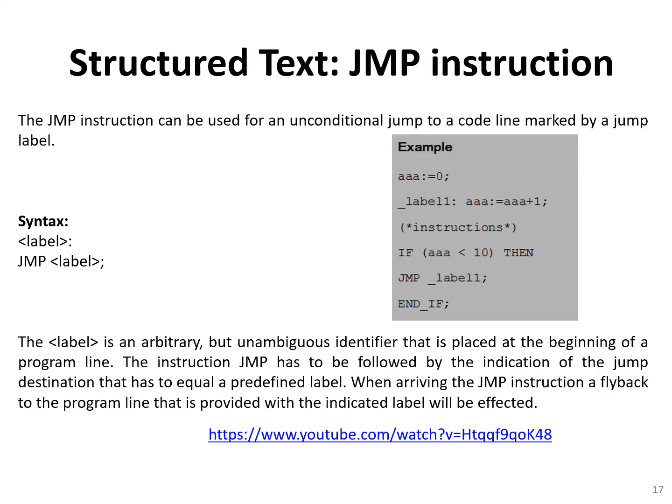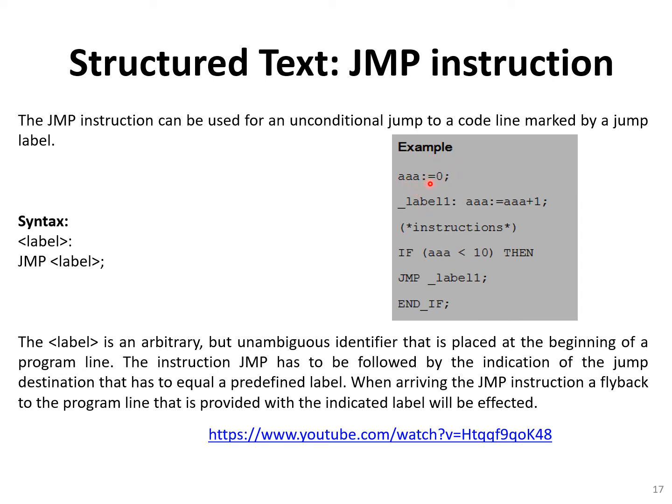A structured text jump instruction. The jump instruction can be used for an unconditional jump to the code line marked by a jump label. Syntax: label, jump to label. Here we have one example.